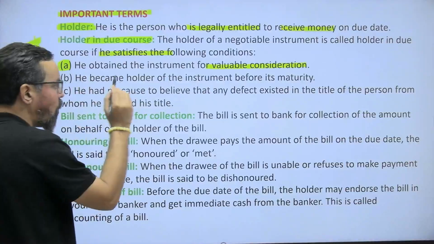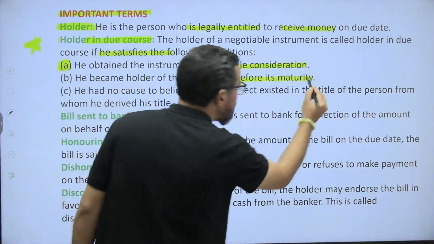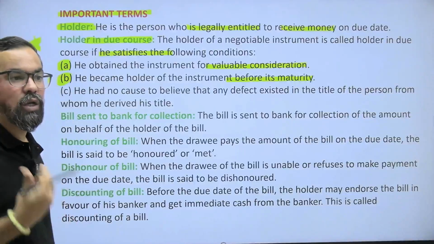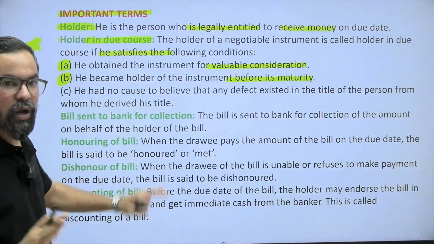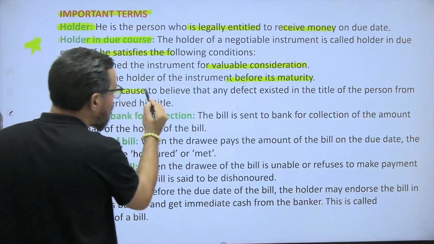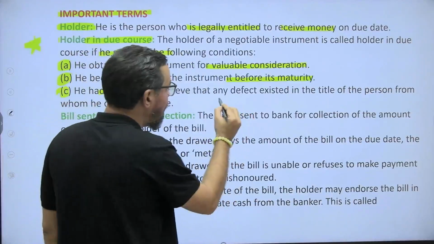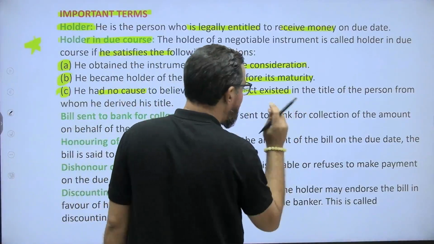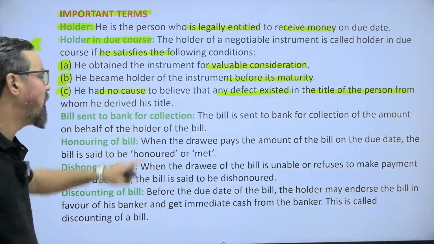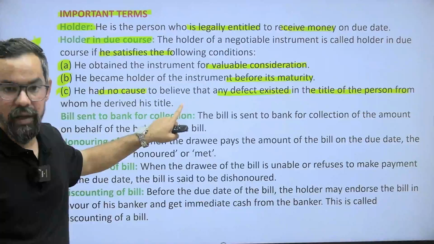Second, he became holder of the instrument before its maturity. Let's say the maturity is 60 days, so he should get that assignment or endorsement before that particular date. Third, he had no cause to believe that any defect exists in the title of the person from whom he derived his title.